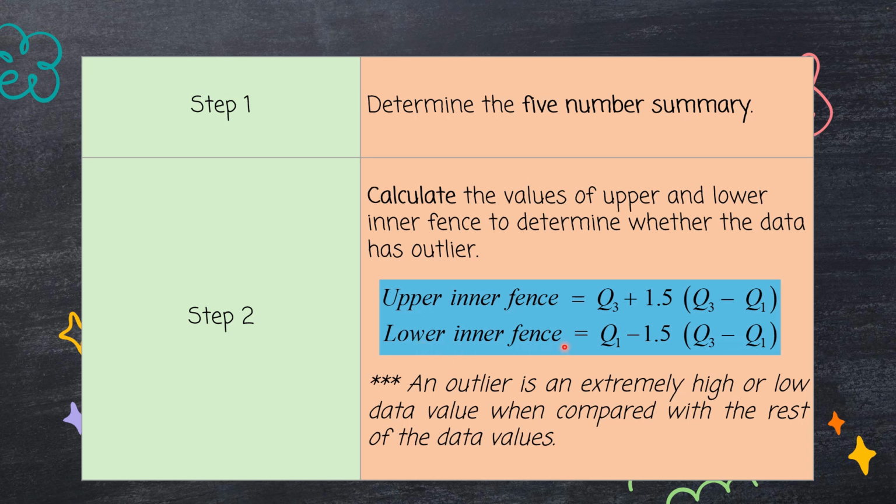The lower inner fence is equal to the first quartile minus 1.5 times the interquartile range. An outlier is an extremely high or low data value when compared with the rest of the data values.